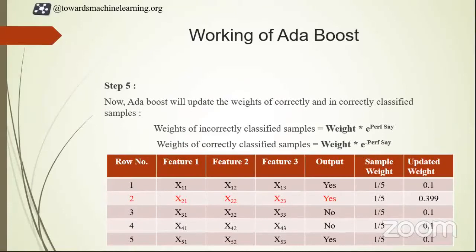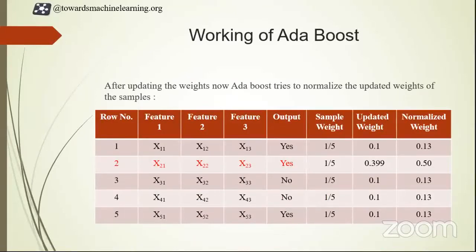One important thing is that after you update these weights, you need to normalize them. As you can see in the sample weight, when we add all the weights together, we get 1 as the total weight. But when you add all the updated weights together, you will never get 1. So to solve this issue, we normalize the weights.